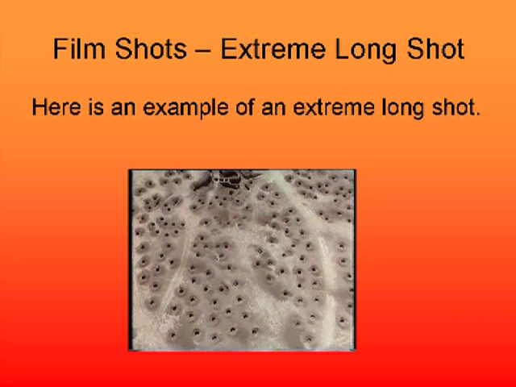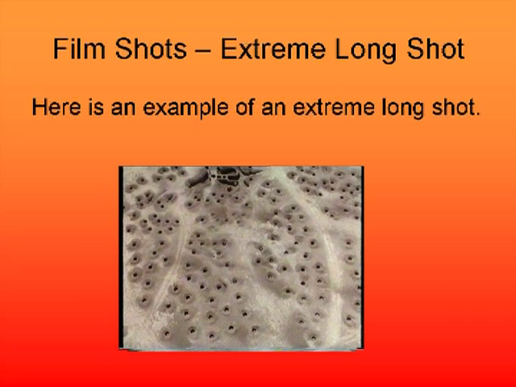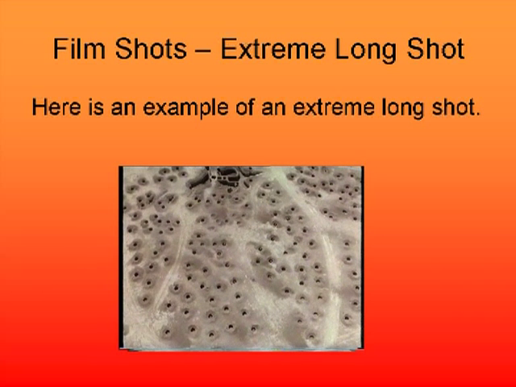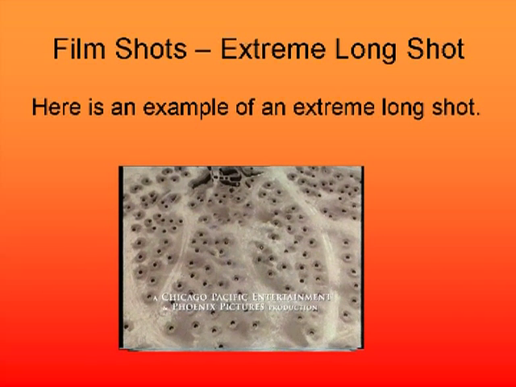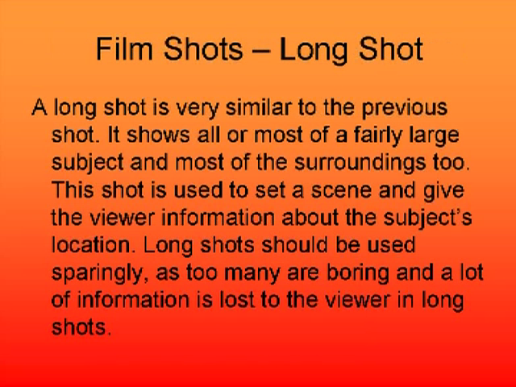The diagram below shows how the camera is set up in relation to the scene to record an extreme long shot. Here is an example of an extreme long shot. Long shot. A long shot is very similar to the previous shot.